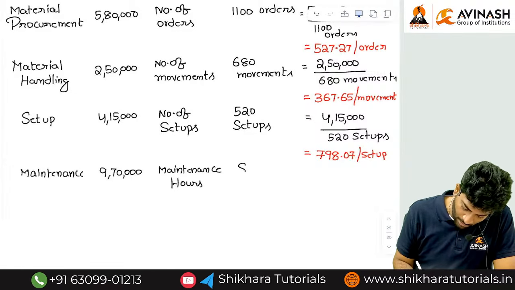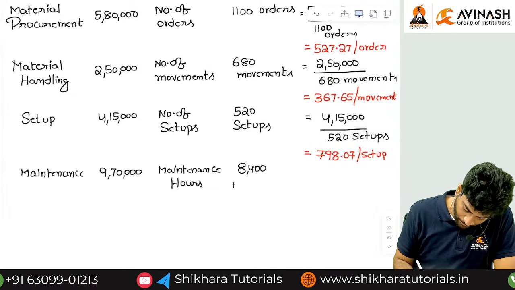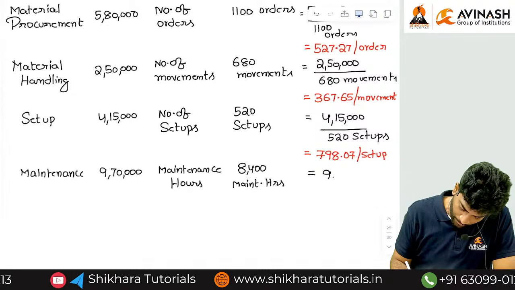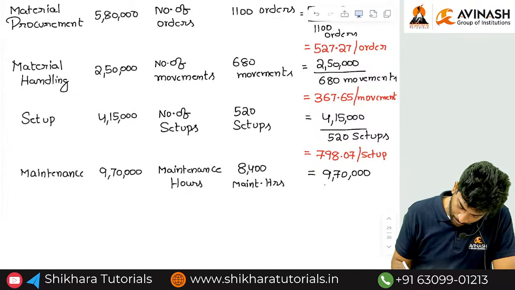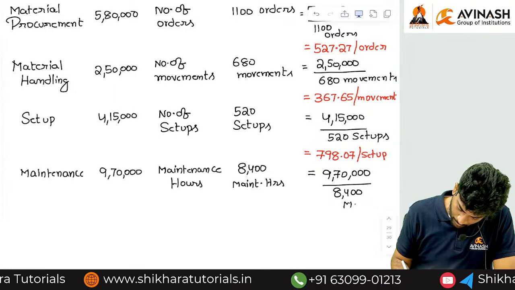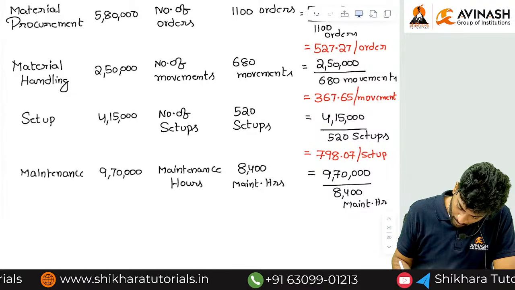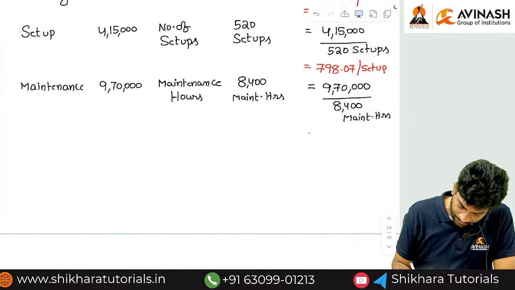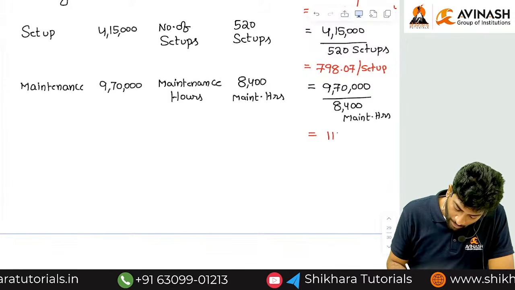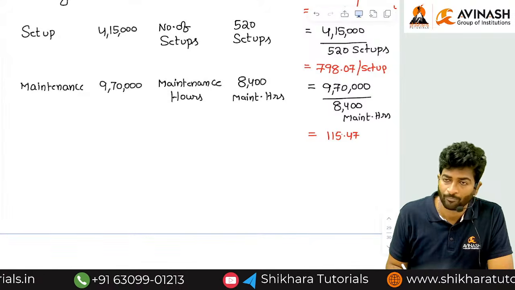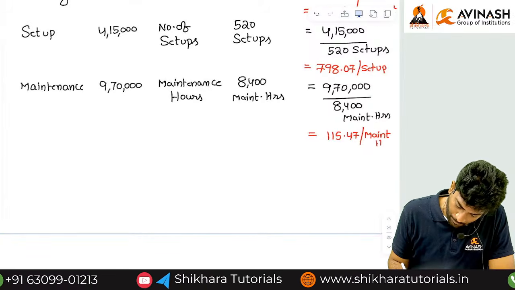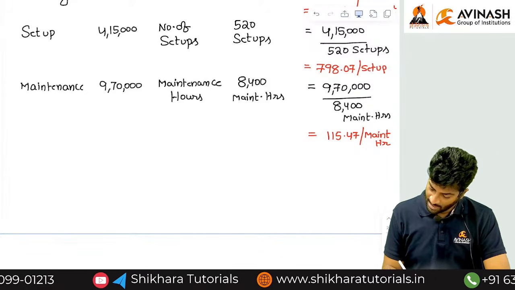How many maintenance hours we have in total? 1,400. 150. 115.47 per maintenance. After maintenance, one.